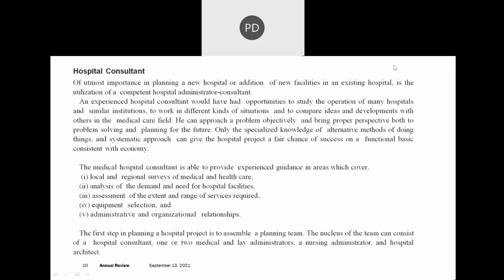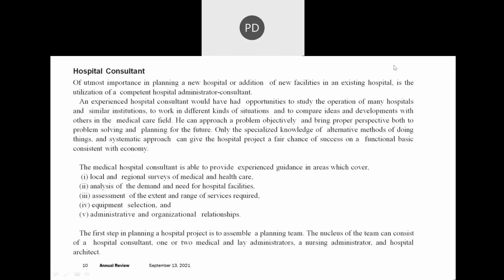Next, equipment selection. He will also give an idea of what kind of equipment we should keep in our hospital, and by seeing the socio-economic status of that particular population, he would make us understand that you should not keep these kinds of equipment over here, because people will not do this test if it is very costly, because the socio-economic status of that area is not really good, isn't it?